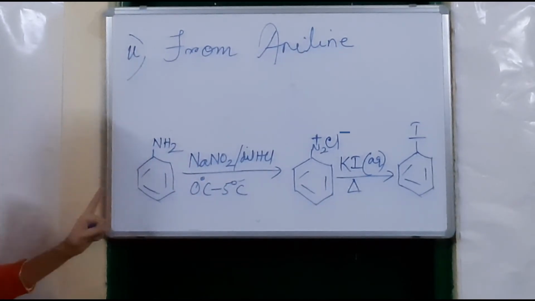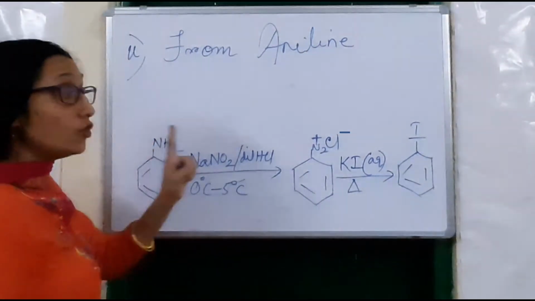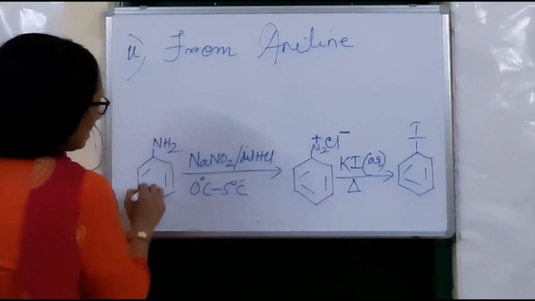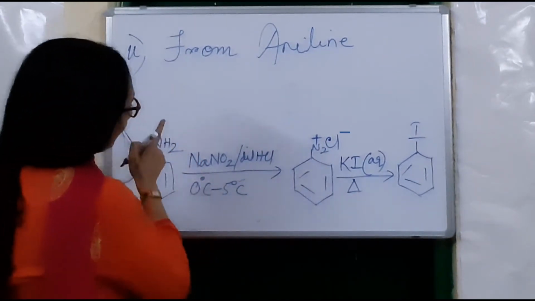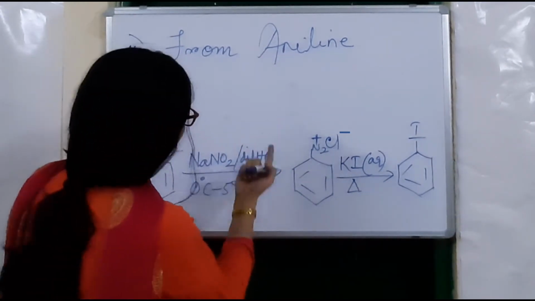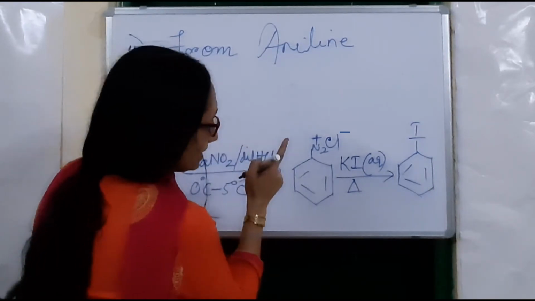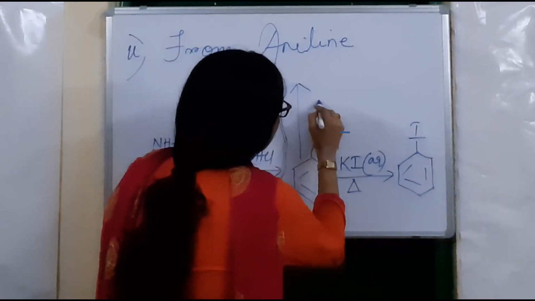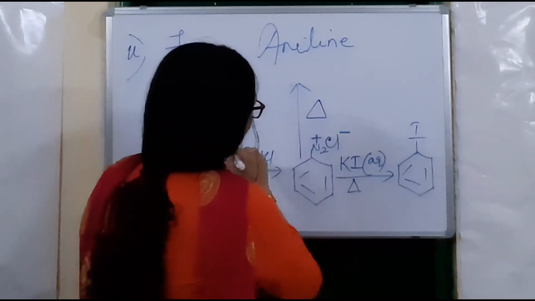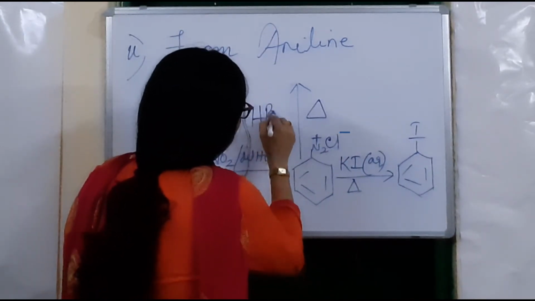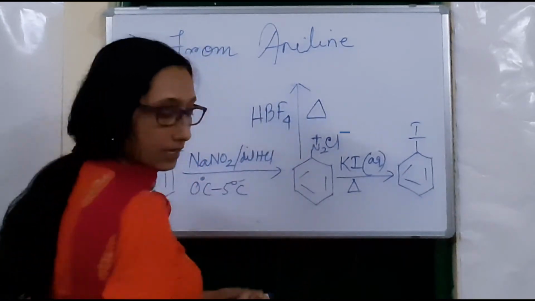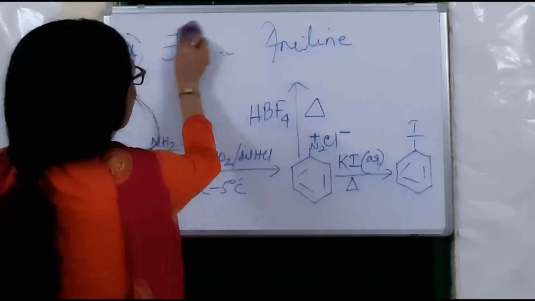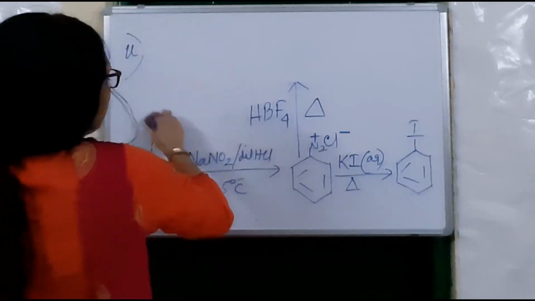Now how to convert aniline to fluorobenzene? Similarly, we will convert aniline to benzene diazonium chloride first. Then if you heat this benzene diazonium chloride with HBF4, we will get fluorobenzene.